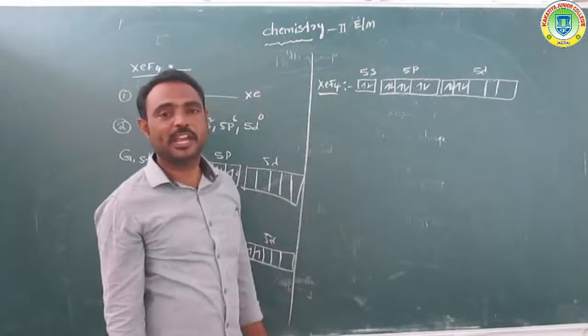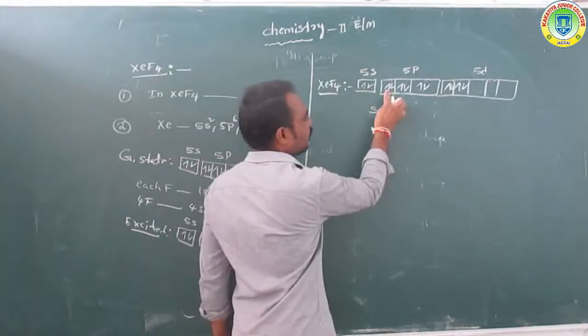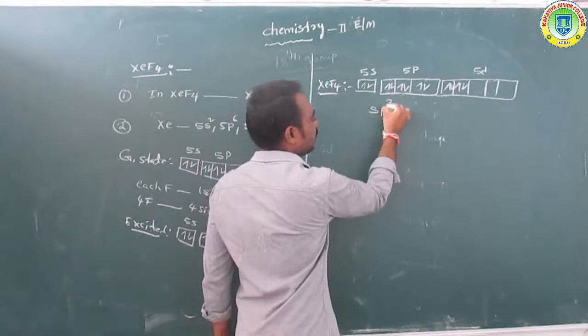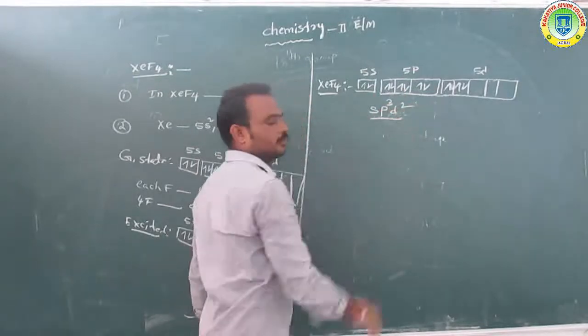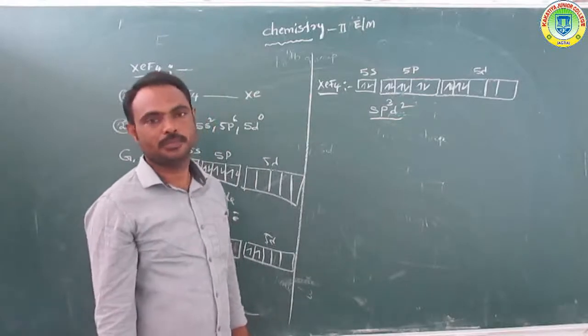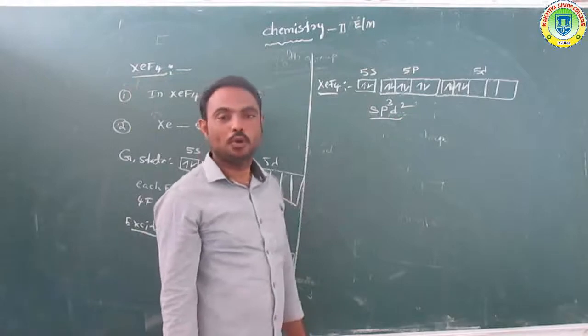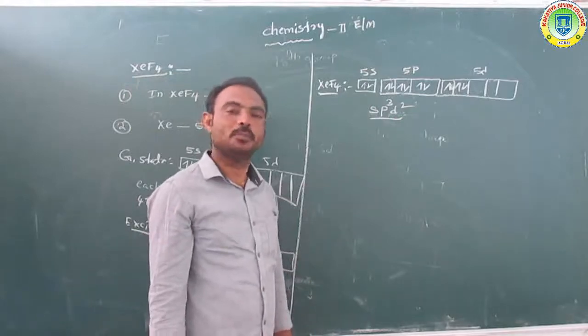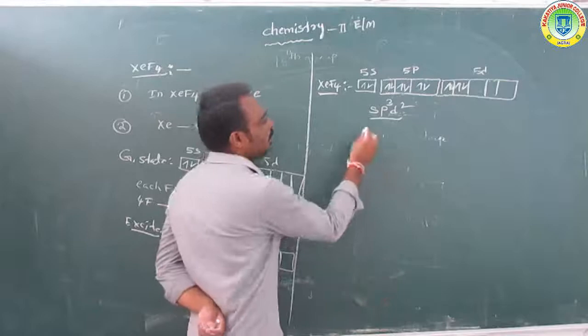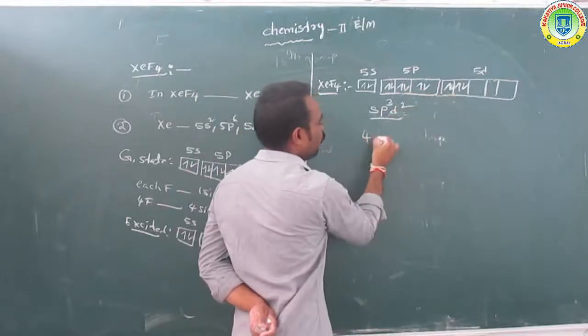What is the hybridization? It is sp3d2 hybridization. Okay, so here how many lone pairs and how many bond pairs? Overall 1, 2, 3, 4 bond pairs.